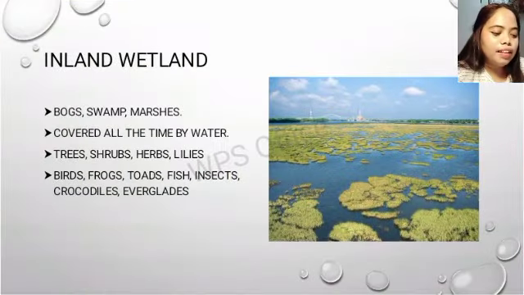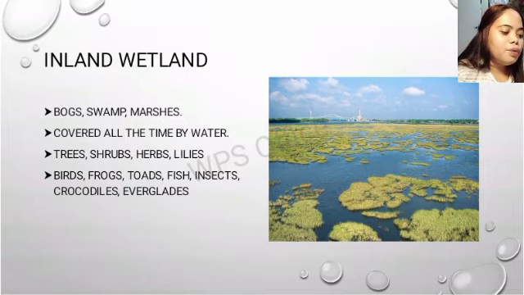So, sa inland wetland naman, it is water bodies and other areas that are regularly or periodically covered by water due to poorly draining soils. So, wetlands include bogs, swamps, marshes.